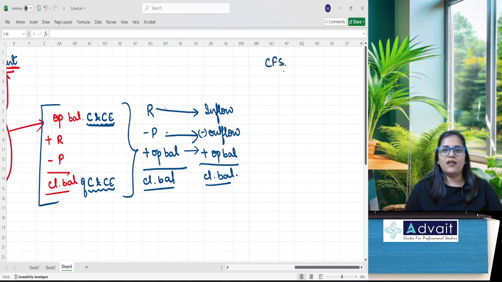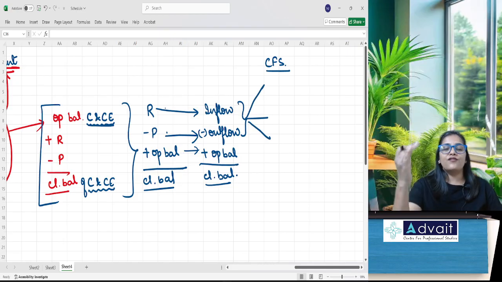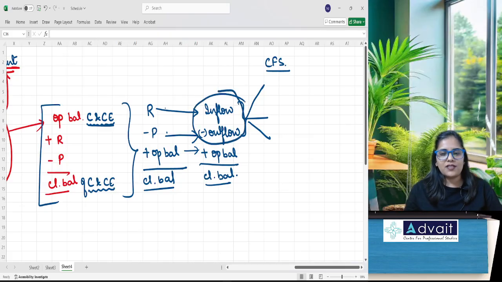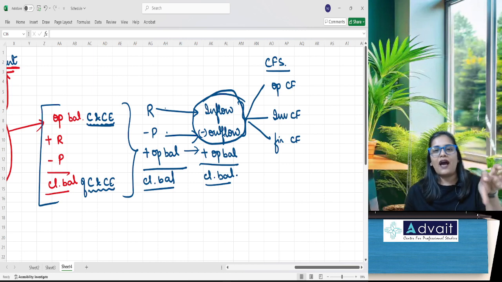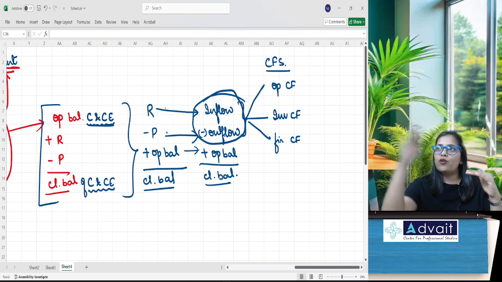In a cash flow statement, this inflow and outflow should be shown under three different subheadings. All inflows and outflows of cash should be distributed between three subheadings, which are operating cash flow, investing cash flow, and financing cash flow.